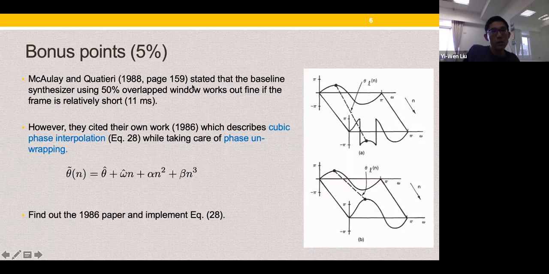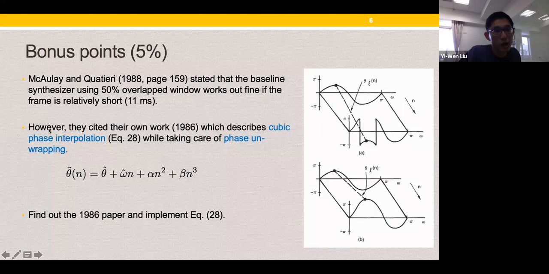But then, let me introduce. In this paper around page 159, the author stated that the baseline synthesizer uses a 50% overlap window. That's what we did last week in the baseline synthesizer. They claim that it works out fine if the frame is relatively short, at around 11 milliseconds. So that's their comment.